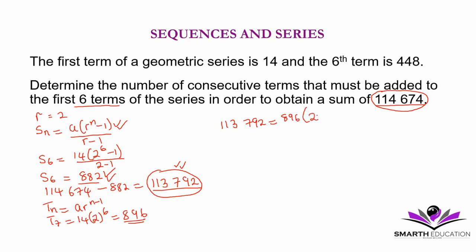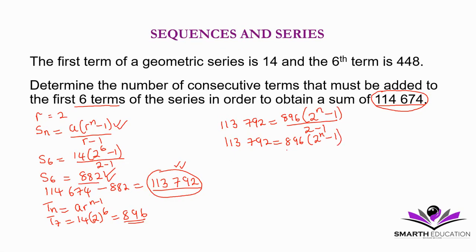We got it from the previous question. And then power n minus 1 over 2 minus 1. 2 minus 1 is 1. So we remain with 113,792 is equal to 896 times (2 to the power n minus 1).